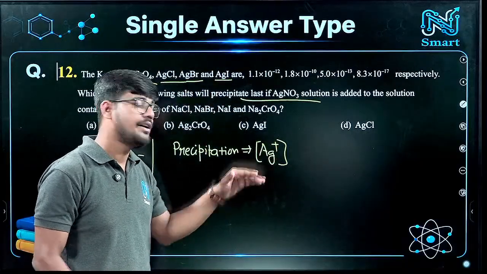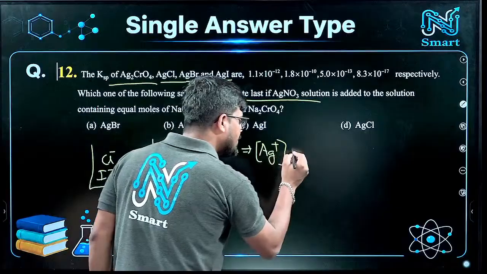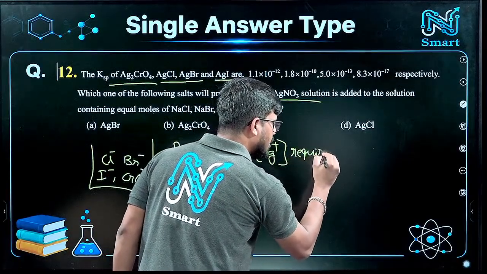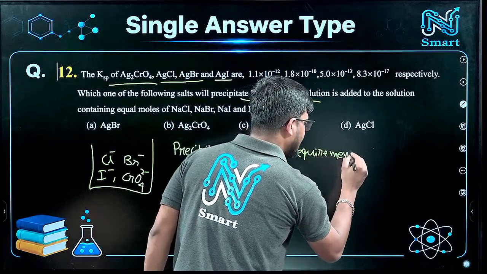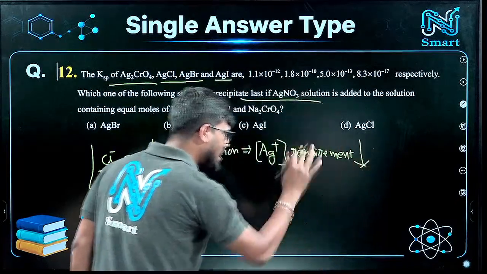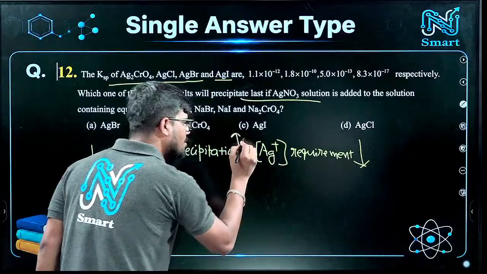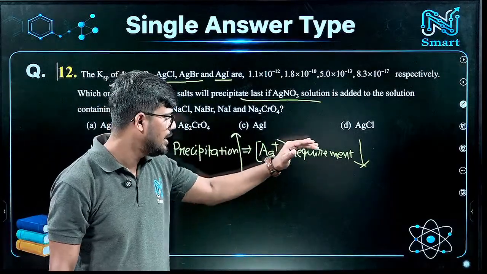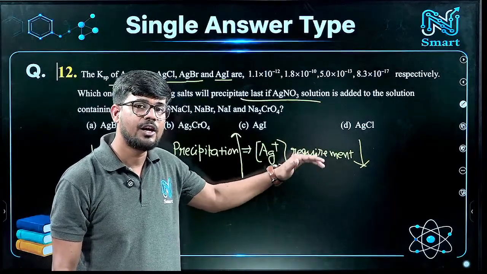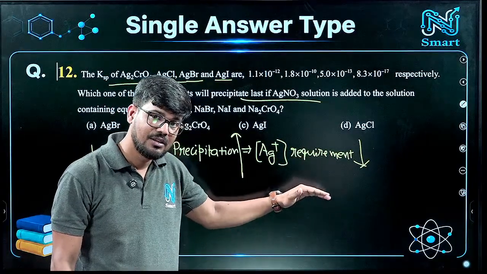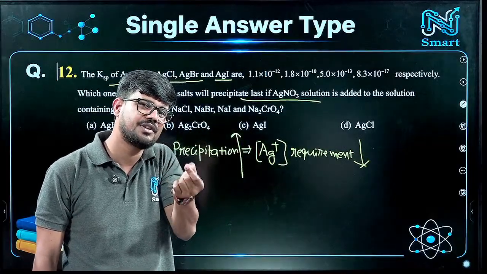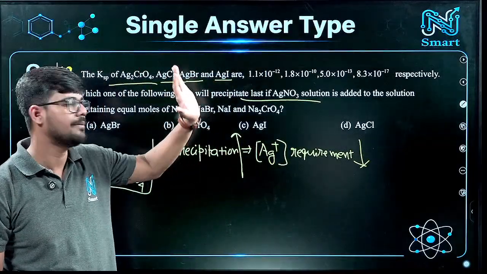If the Ag plus concentration requirement is less, then precipitation will be more. This is the connection. If for precipitation it needs only a little amount of Ag plus concentration, that precipitation will happen.